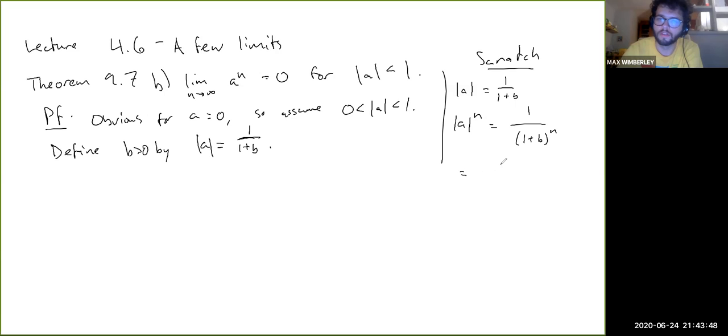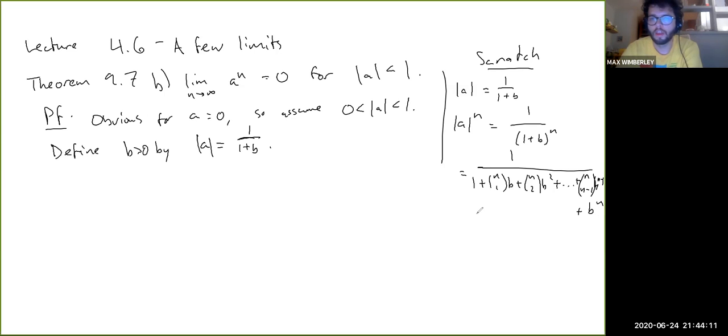So this is 1 over this big thing: 1 plus n choose 1 b plus n choose 2 b squared plus so on plus n choose n minus 1 b to the n minus 1 plus b to the n.